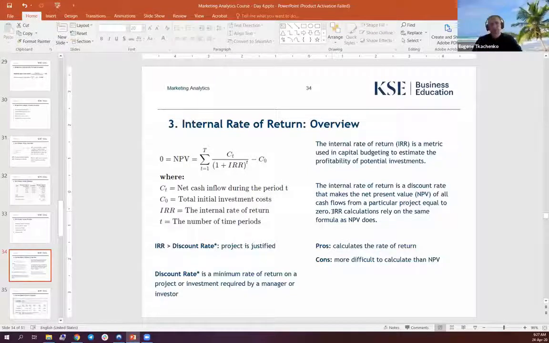For example, the investor's expectation is that in 3 years, when we're calculating net present value, the value of money will be decreasing, let's say, by 10% or 15%.